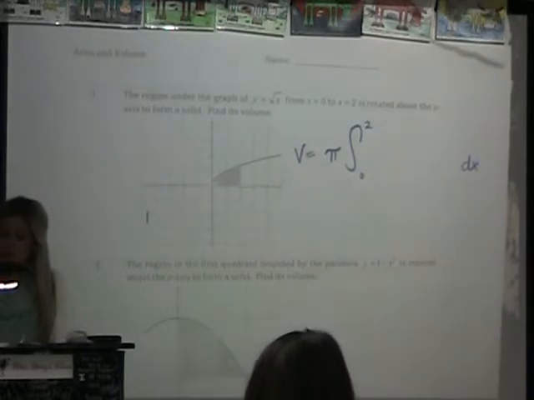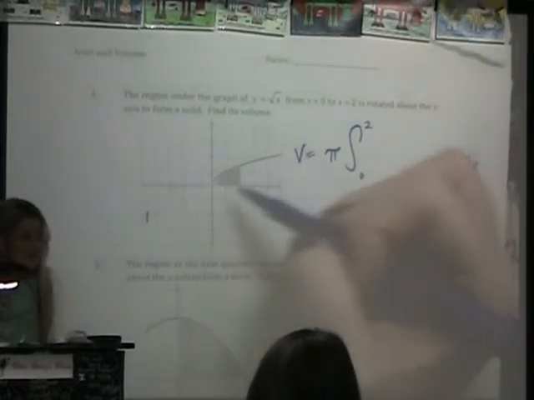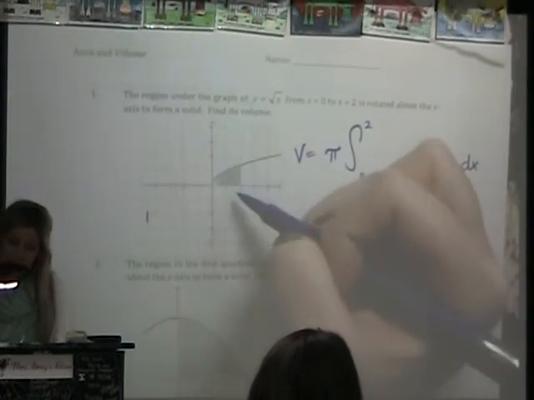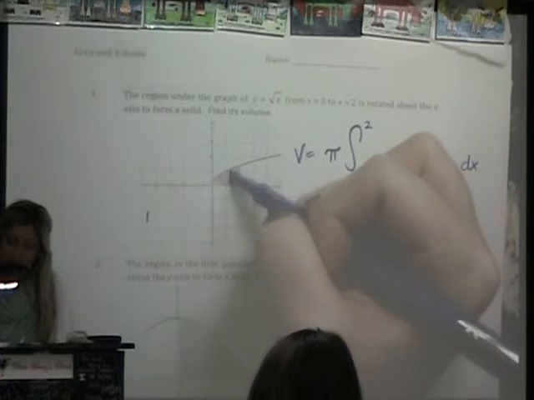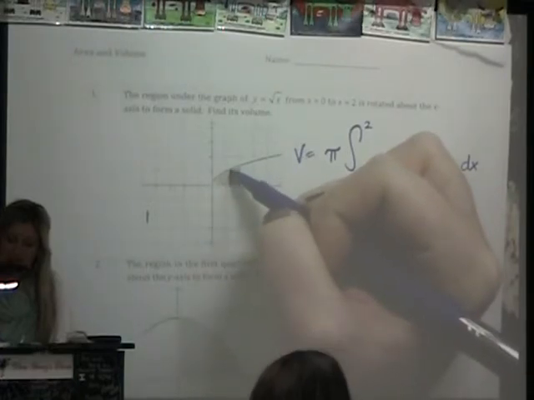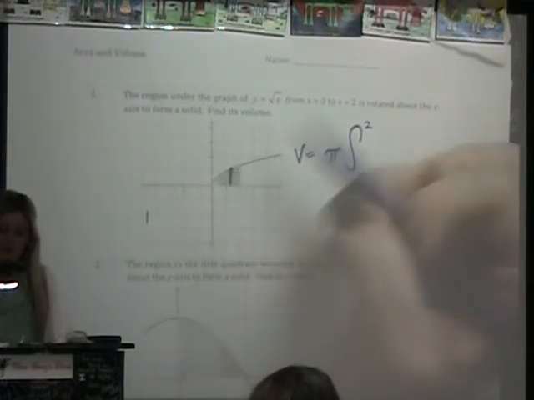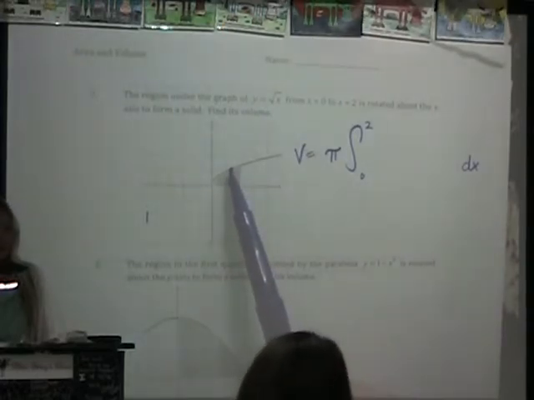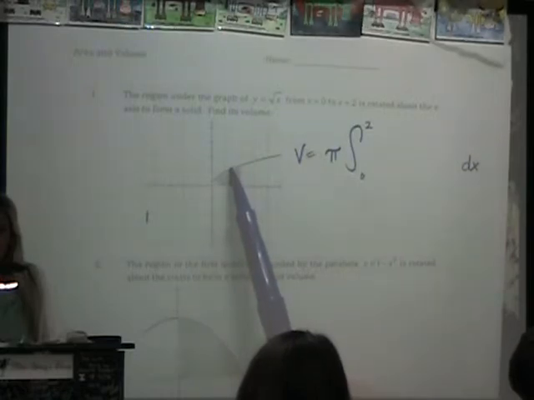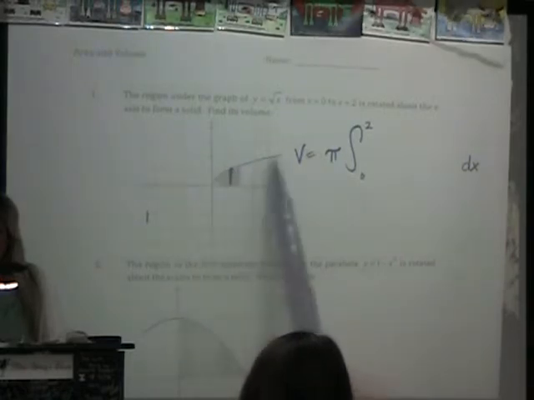So the r squared is dependent upon the radius, and just take a slice. It says we're rotating about the x-axis, so make sure your slice is perpendicular to the x-axis. And think about what value would give you that radius. It's going to be y. You see how the y value would give you the radius depending where you are?